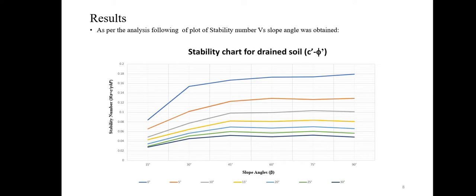After carrying out those 100 iterations, we obtained the chart which we can see here: the y-axis represents the stability number and the x-axis represents the slope angles, and these colored lines represent the friction angle from 0 to 30 degrees. Hence these charts are quite similar to Taylor's numbers, and using the plotter we obtained the grid points from where we can obtain the exact values.